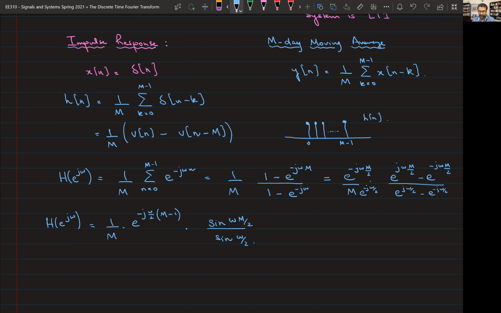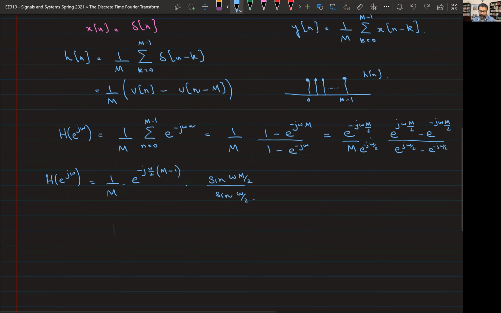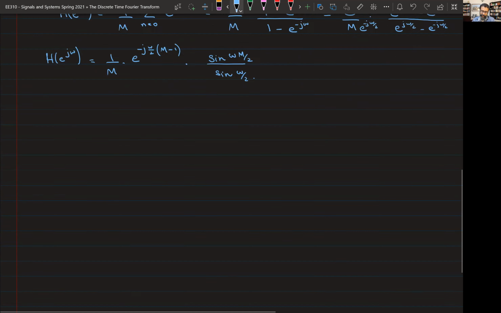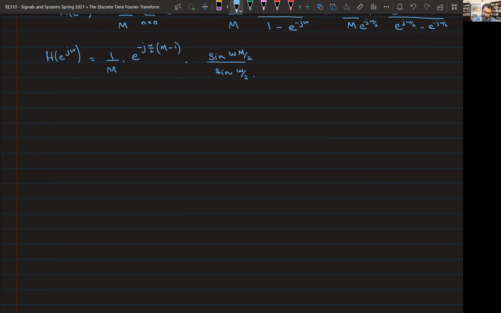Let me try to sketch this out, and by sketching it out, things are going to become clear. What happens when M increases, what happens when M decreases? In particular, what I'm going to plot is the magnitude of H of e raised to j omega.